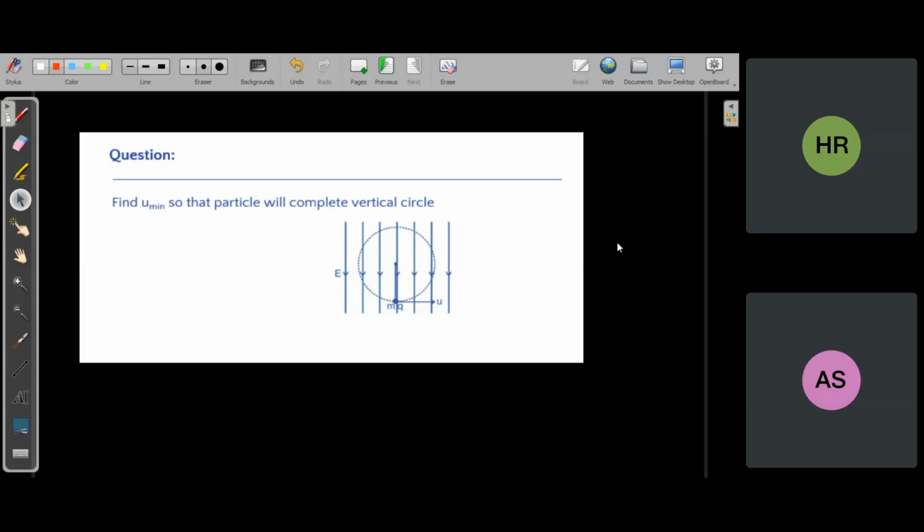Tell me, Himanish, what will you do here? So again here continuously a force is acting in the downward direction, the electrostatic force.